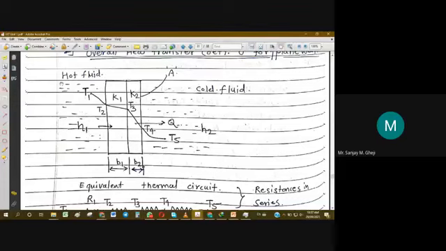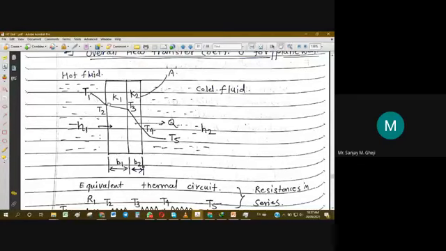So the hot exhaust gases will be the hot fluid at some temperature T1, and this wall is exposed to outside air, so air will be the cold fluid. So it will be at some temperature, we are calling it T5.